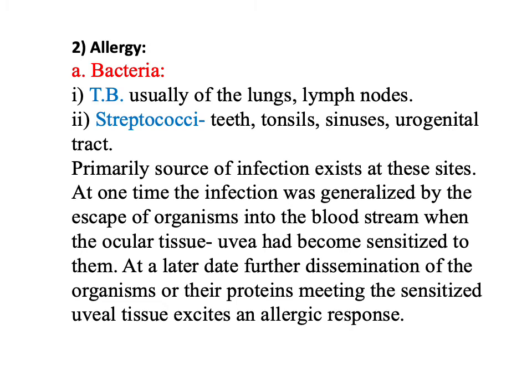Primary source of infection exists at these sites. At one time, the infection was generalized by the escape of organisms in the bloodstream when the ocular tissue, the uvea, has become sensitized to them. At a late date, further dissemination of the organisms or their proteins meeting the sensitized uveal tissue excites an allergic response.